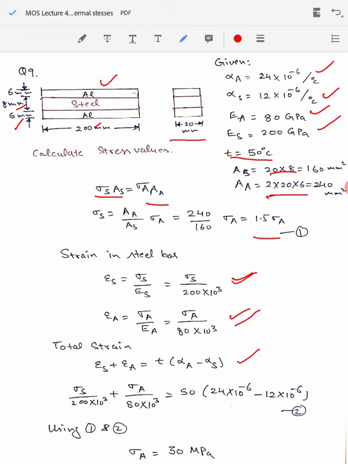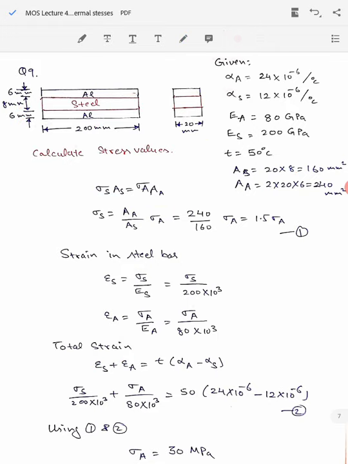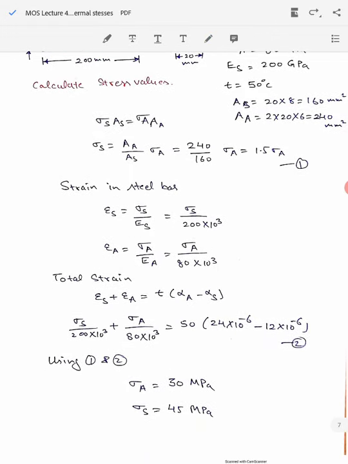After doing this, we'll get equation 2, where we will put the value of sigma S from equation 1 and calculate the value of sigma A, which will come out to be 30 megapascal, and sigma S will come out to be 45 megapascal.